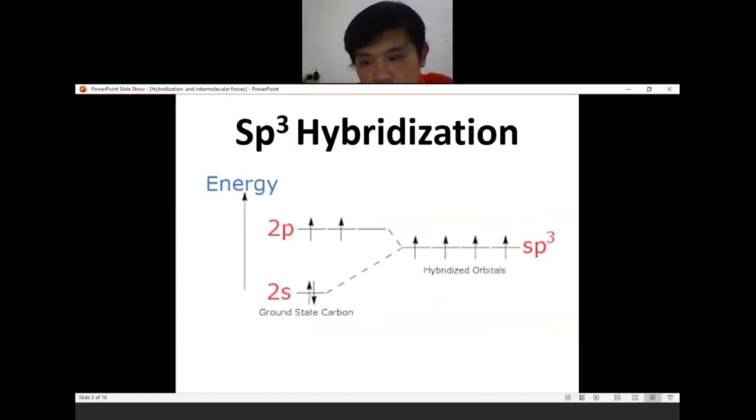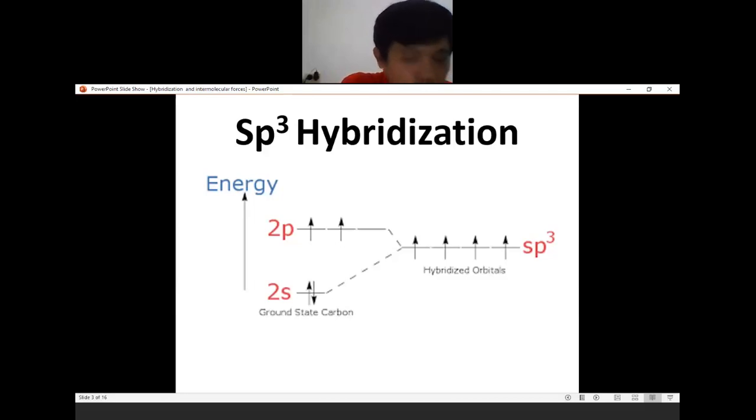Next, hybridization. There is sp3 hybridized, which is found in single bonds. This is taken from the ground state carbon. The ground state carbon has 1s2, 2s2, and then 2p2. When energy is given and goes inside the atom, these electrons will undergo hybridization.